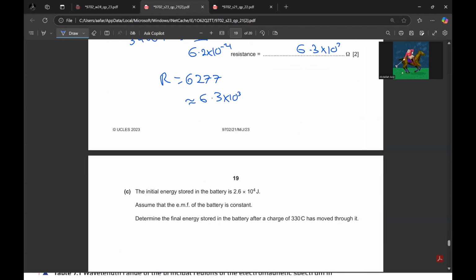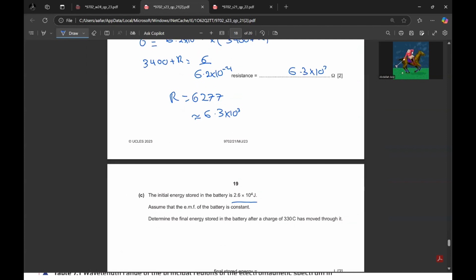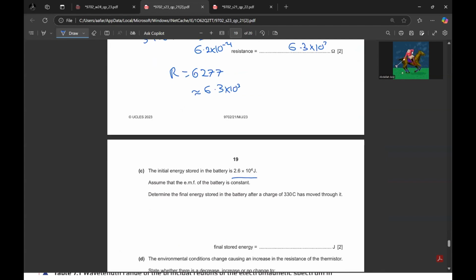The initial energy stored in the battery is this. Assume that the EMF of the battery is constant. Determine the final energy stored in the battery after a charge of 330 coulombs has moved through it.